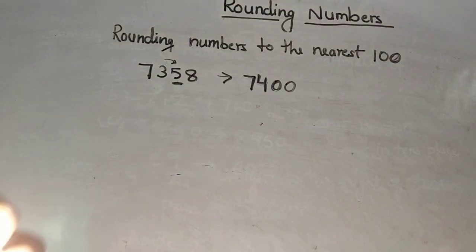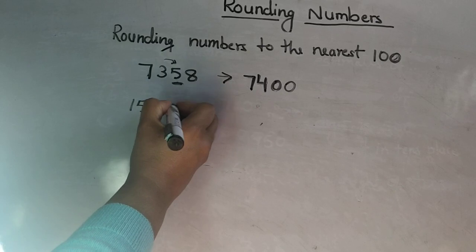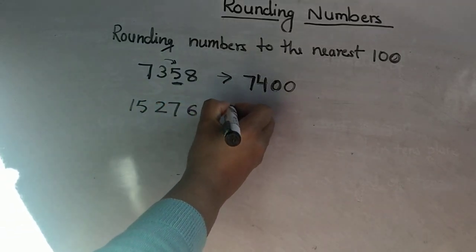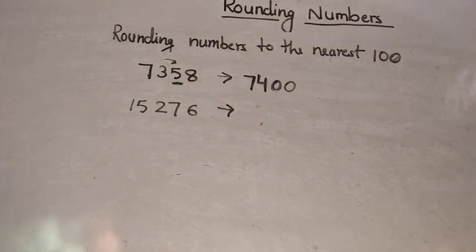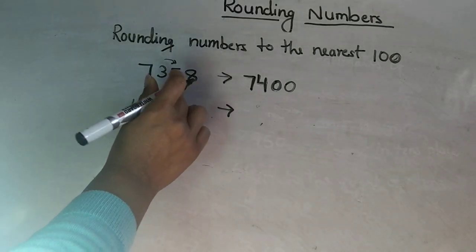Next example. $15,276. Look at the right to the 100 place, which is tens place.